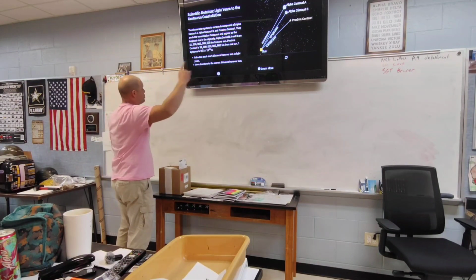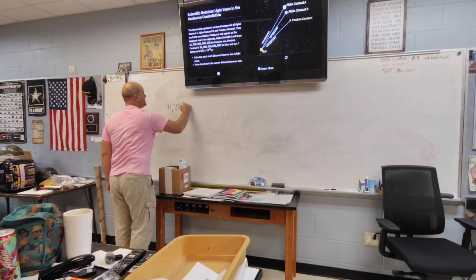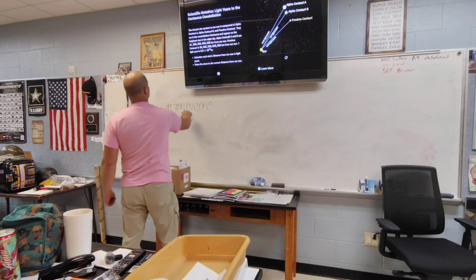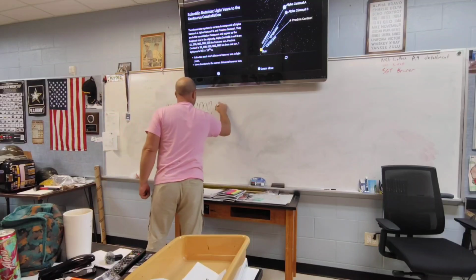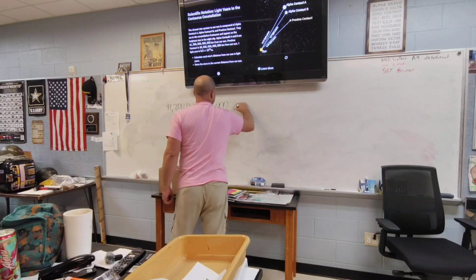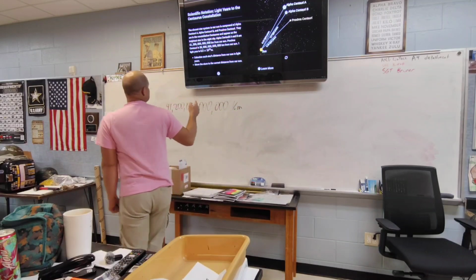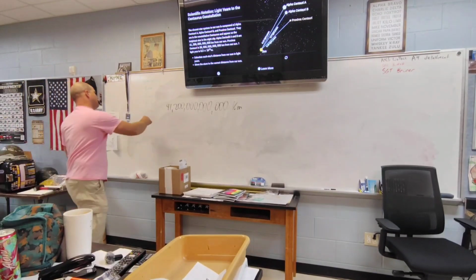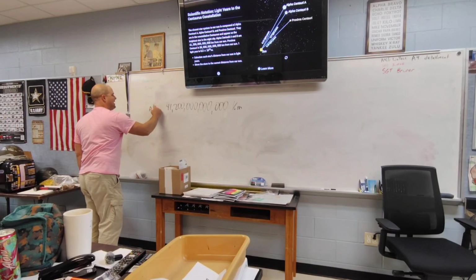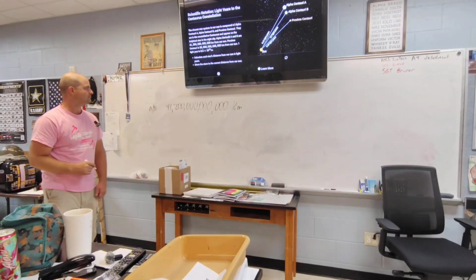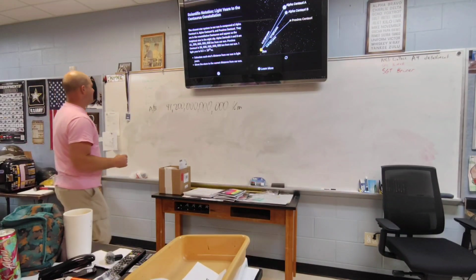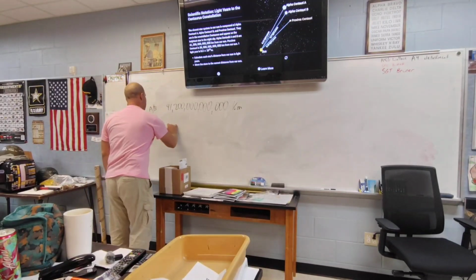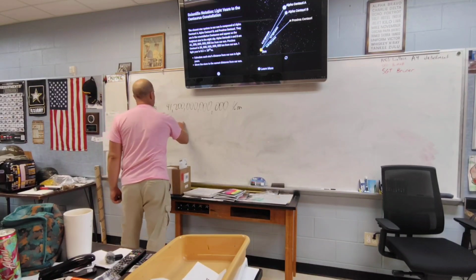41 trillion 200 billion kilometers. That is the distance from our sun out to both Alpha Centauri A and B. And then to Proxima Centauri, we have 39 trillion, was it 900?